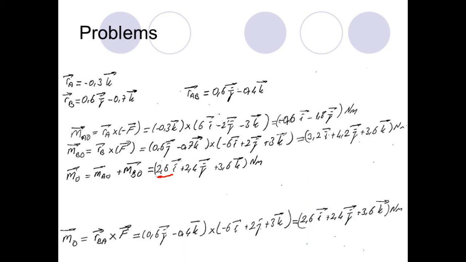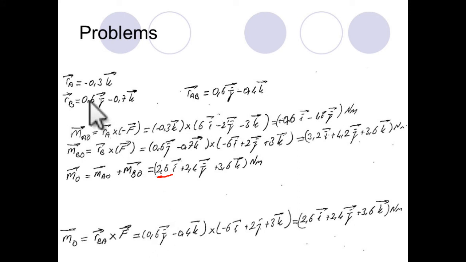Now let's calculate the net moment by directly calculating the relative position of A with respect to B. So what we do is we subtract rA from rB, and putting a minus sign here will give us a positive value.